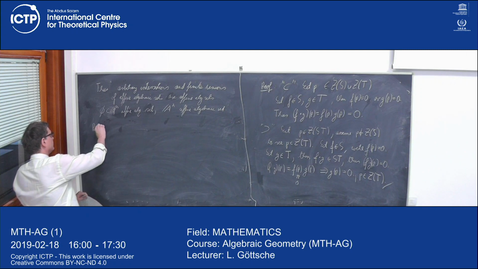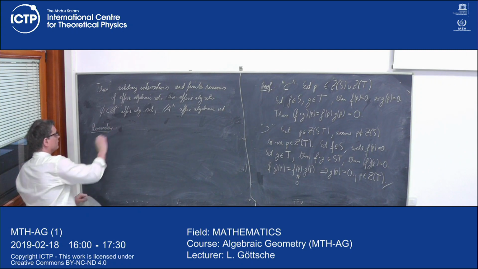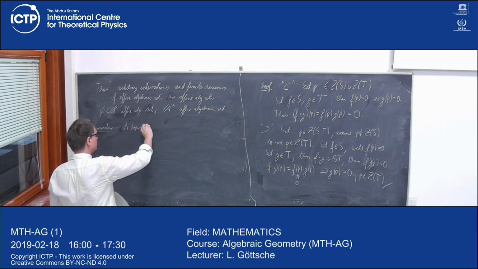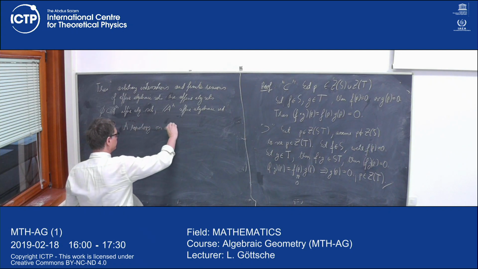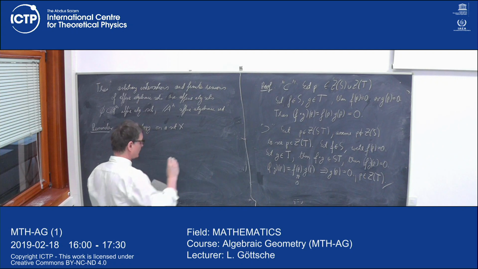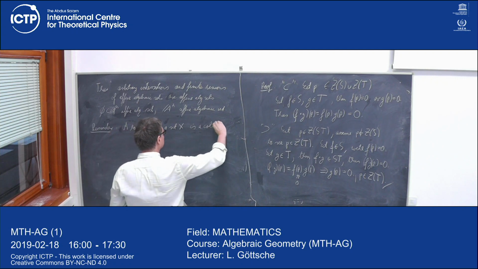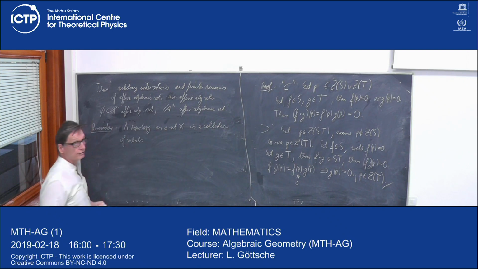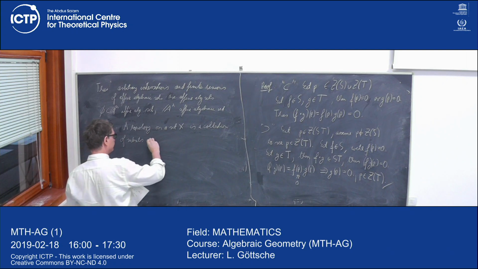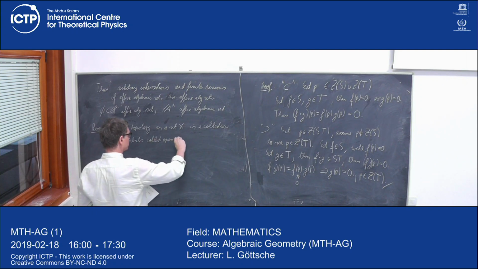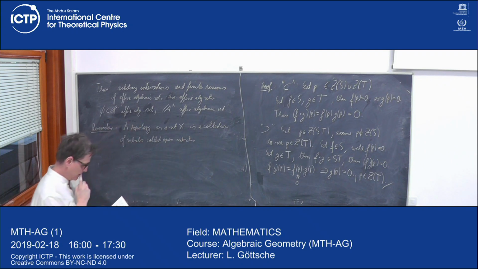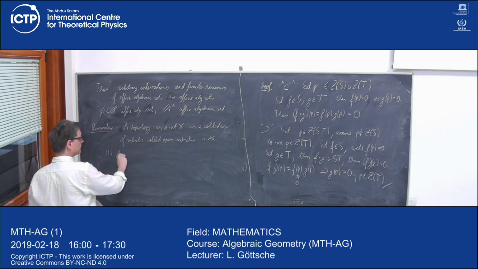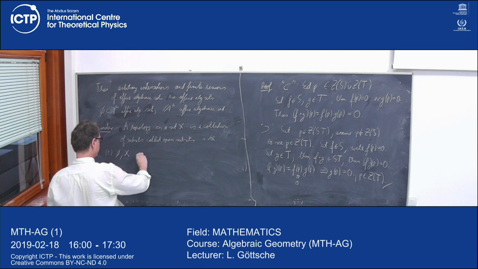This is the following reminder, although you had it in your topology course, which is not so long ago. A topology on a set X is a collection of subsets, which would be called the open subsets, such that we have the axioms. First, the empty set and X are open.